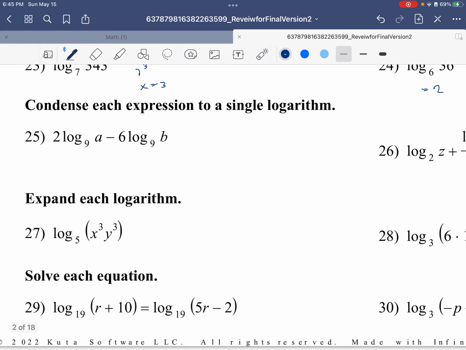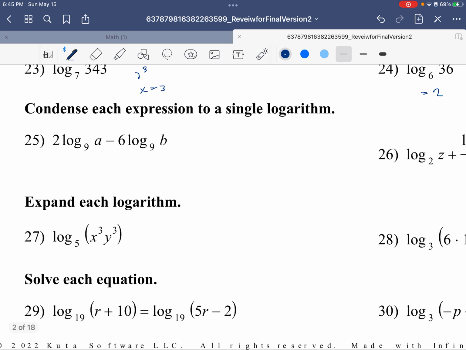Okay, so next we have condensing logarithms. For the first one, we have 2 log base 9 of a minus 6 log base 9 of b. When the log and the base are the same and the terms are being subtracted, then it's a fraction where the negative term is on the bottom.